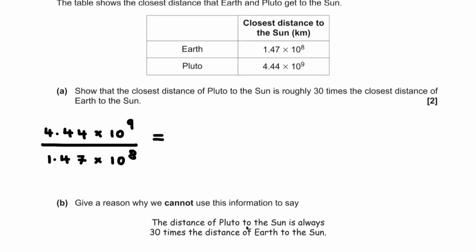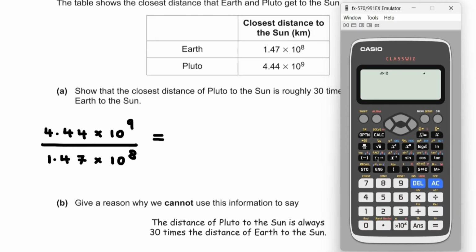So if I work out what this is, let's use our calculator. We get 30.204, etc., which is approximately 30, and that's what we wanted to show.